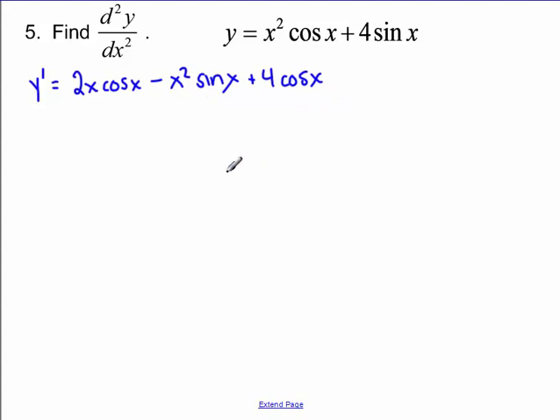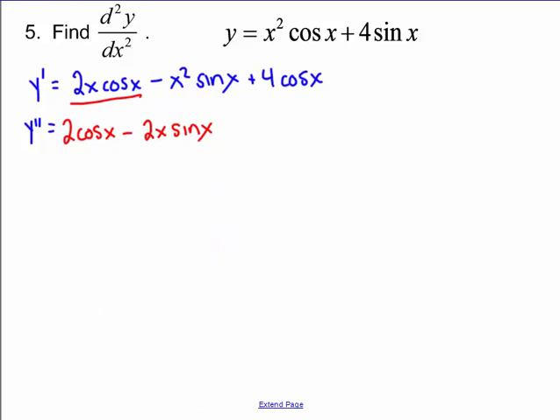Okay, now your second derivative is where this gets a little crazy. So this is a product rule. So we have to do that product rule. Derivative of the first, leave the second alone. Plus, leaving the first alone, derivative of the second is negative sine x. So I go with my eraser, and I put in my negative.